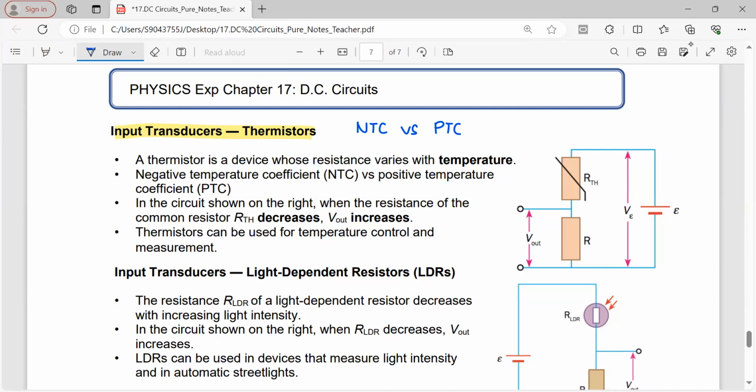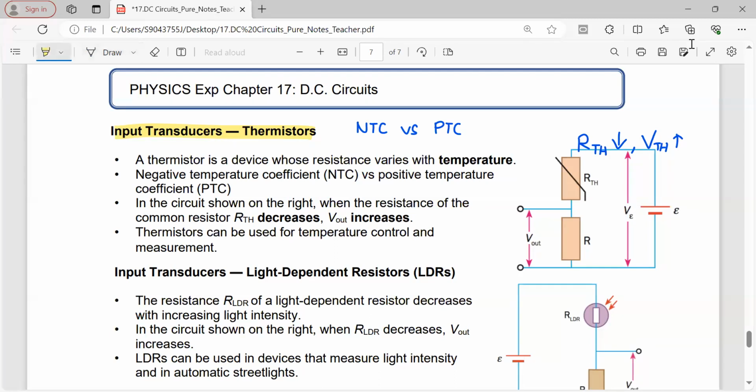For NTC, which is the circuit shown on the right, when the temperature increases, the resistance decreases, and the voltage across the thermistor decreases. Vice versa, if the resistance of the thermistor increases, the voltage across the thermistor increases. That's why it's called negative temperature coefficient. For positive temperature coefficient, when the resistance increases, the voltage increases.